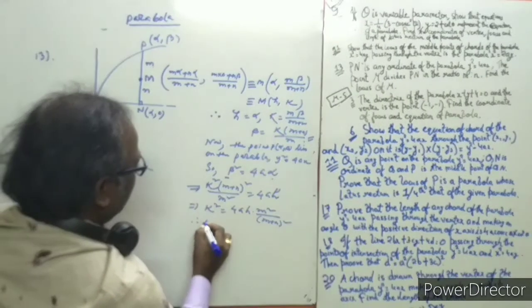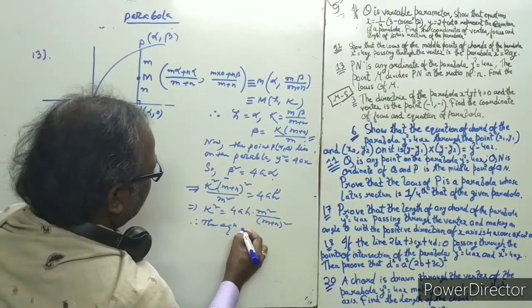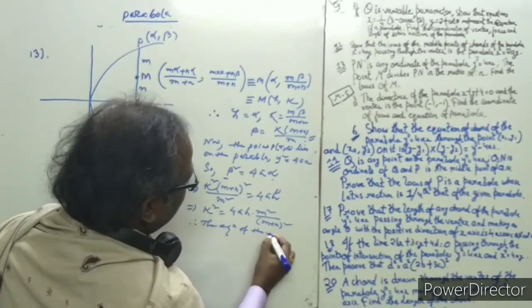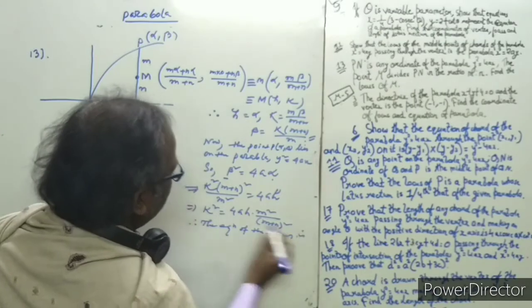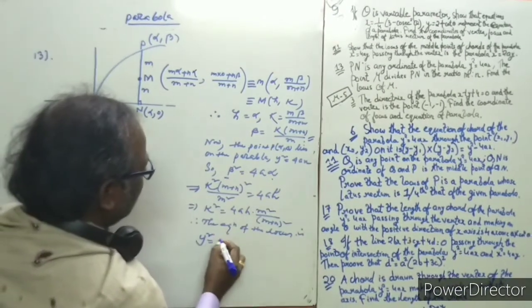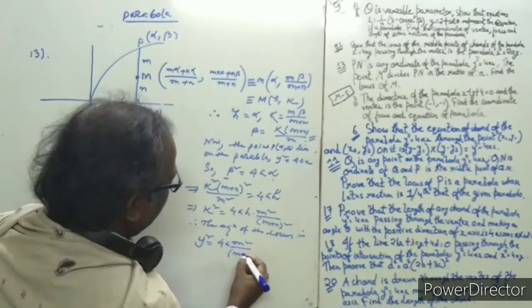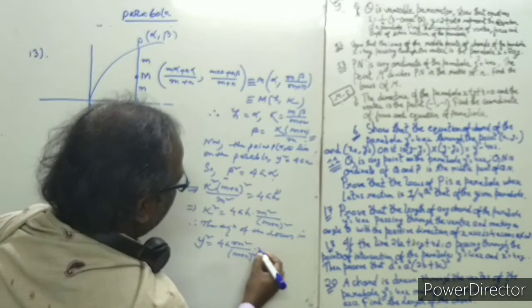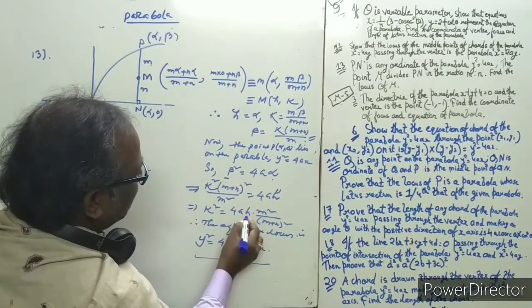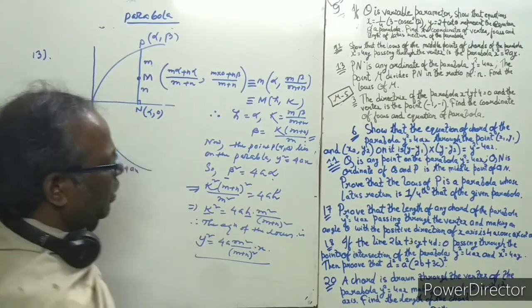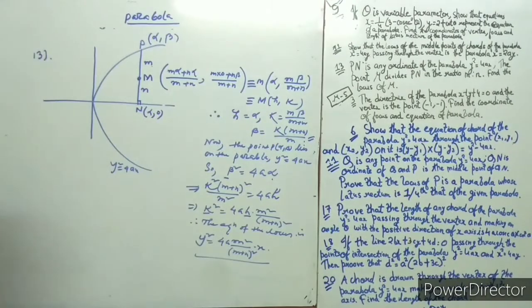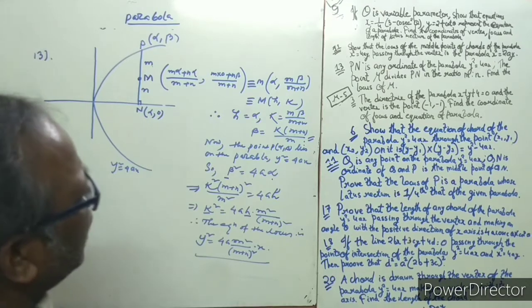Therefore the equation of the locus is y squared equals 4a into n squared by (m plus n) whole squared, into x. Representing h and k by x and y, you get the locus. This is the answer for question number 13, a very interesting question.